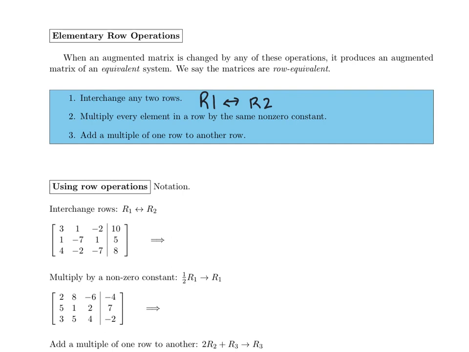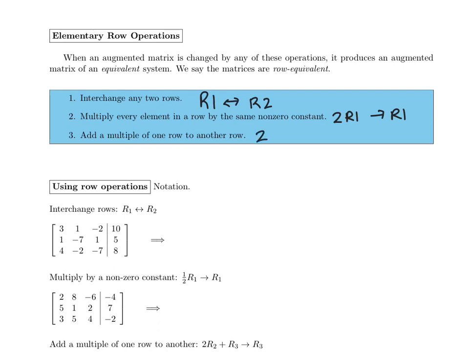If you're going to multiply every element in a row, you might see 2 times row 1. What that means is you're taking everything in row 1 times 2, and you're putting those numbers back into row 1. Then it says add a multiple of one row to another.